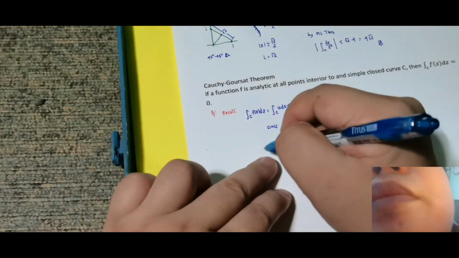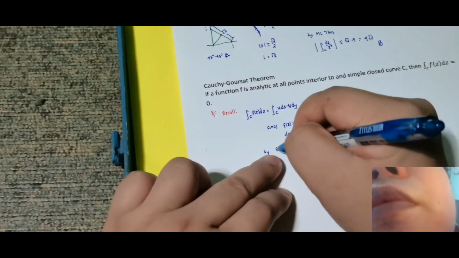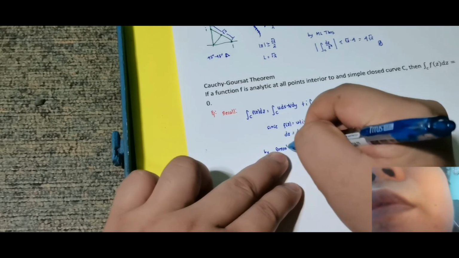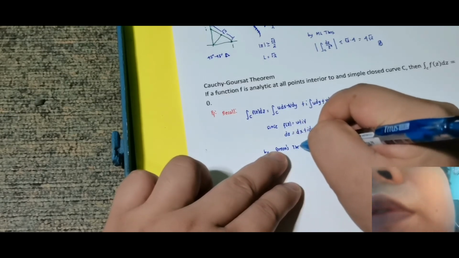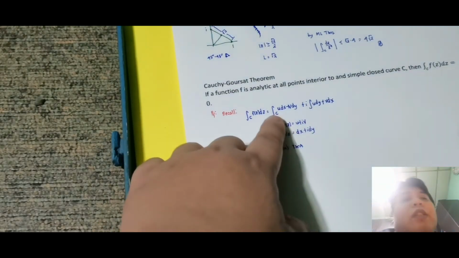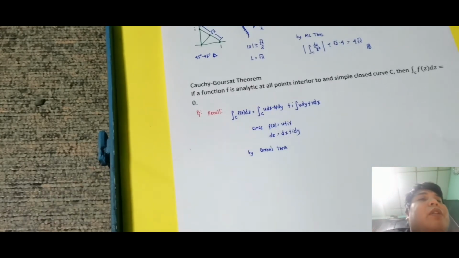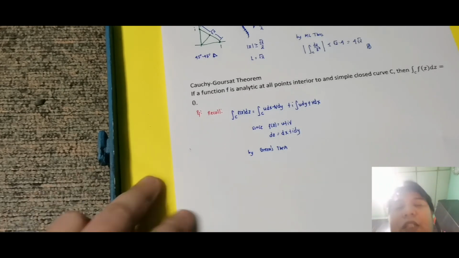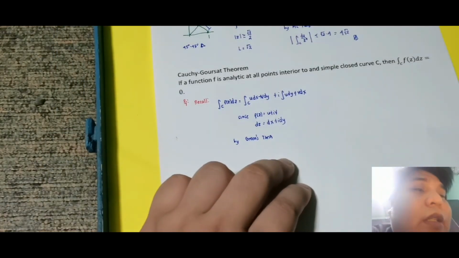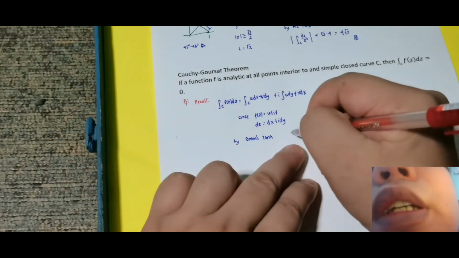So by Green's theorem, that is u dx minus v dy, that is partial of v. So ano ba yung Green's theorem by the way? Ang Green's theorem natin, pagkakaalala ko is ganito.